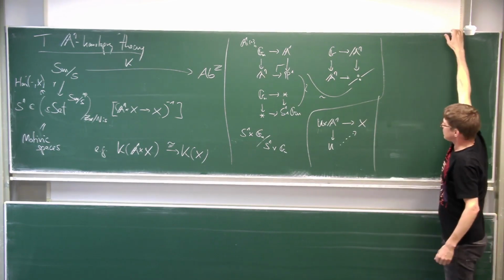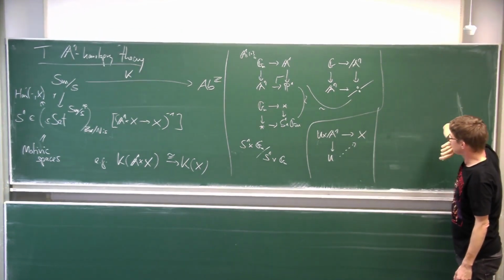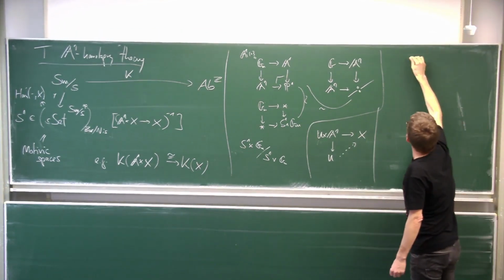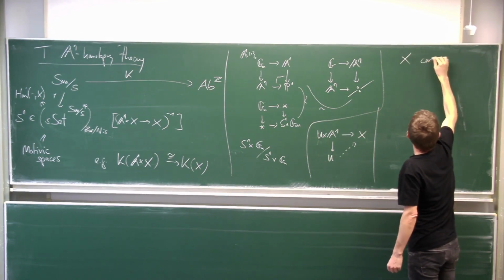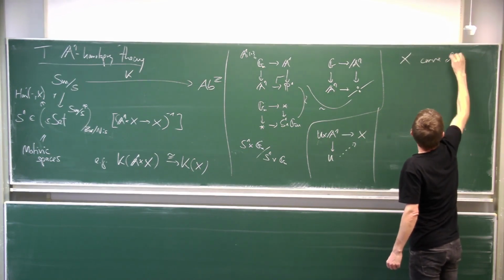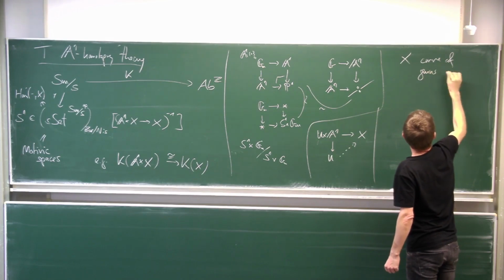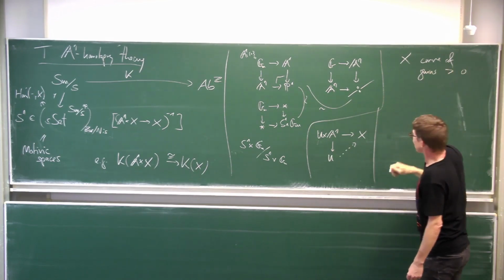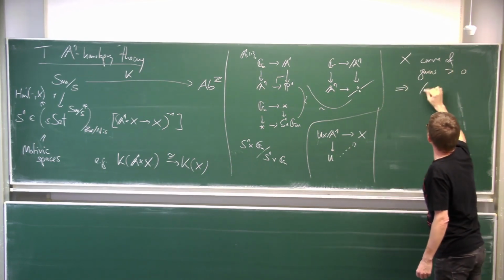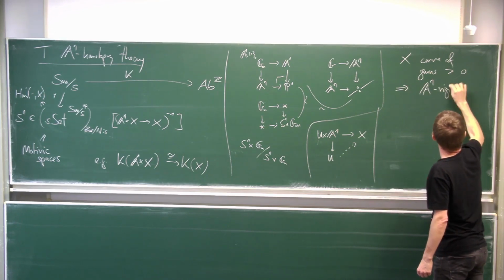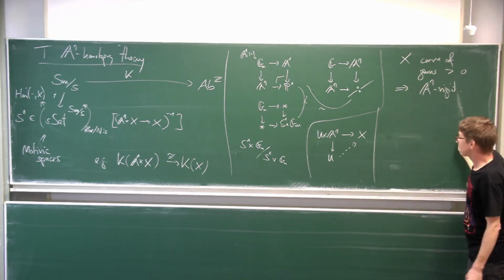Let's do an example. So if X is a curve of genus G bigger than 0, then it's A1 rigid. Why is that?